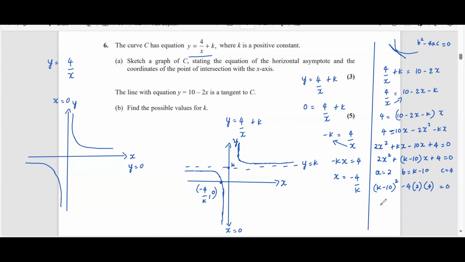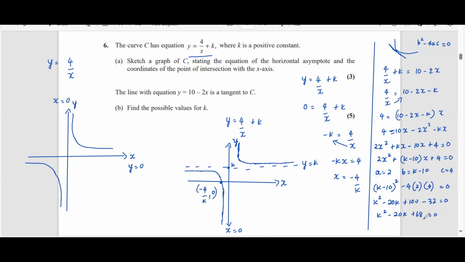When we simplify that, we'll get k square minus 20k plus 100 minus 4 into 4 is 16, 16 into 2 is 32, equals 0. So this is basically k square minus 20k plus 100 minus 32. 100 minus 32 is 68. So plus 68 equals 0.